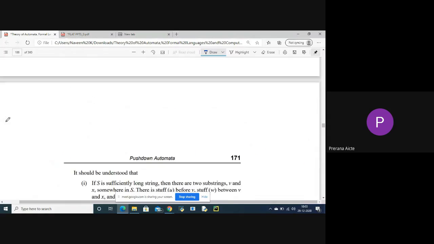Okay, for example, I will take the language L equal to 0 power p, where p is a prime number. This is a very important question.